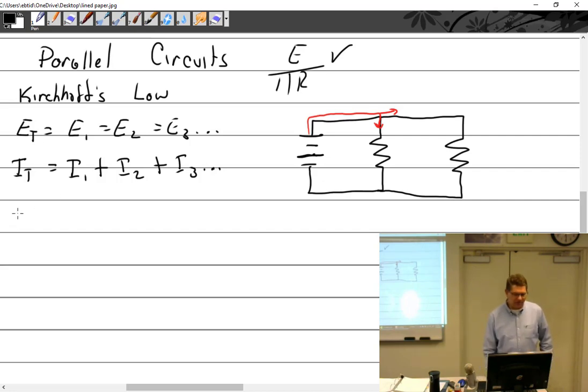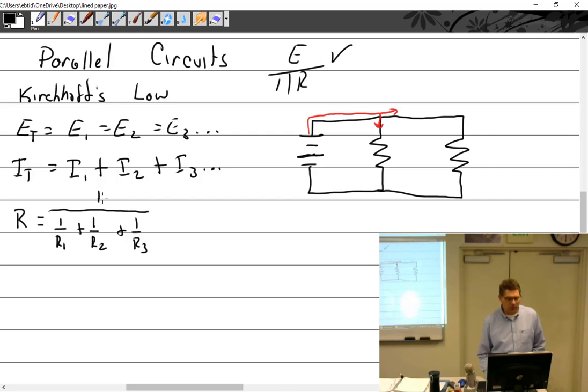Now resistance, it's crazy. Resistance can be written as the inverse: 1 over R1 plus 1 over R2 plus 1 over R3, and all of that 1 over. So it's the sum of the inverses and the inverse of that.